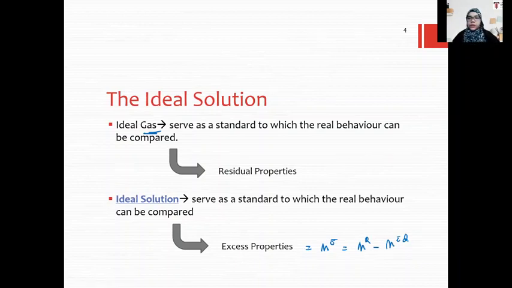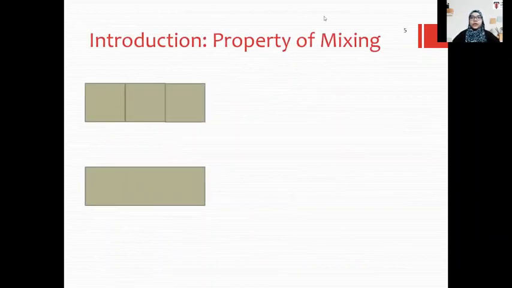In this topic, we will use this concept of excess property to relate it with the mixing or heat of mixing. As an introduction to the property of mixing, we have two different components, maybe I put them in a vessel.